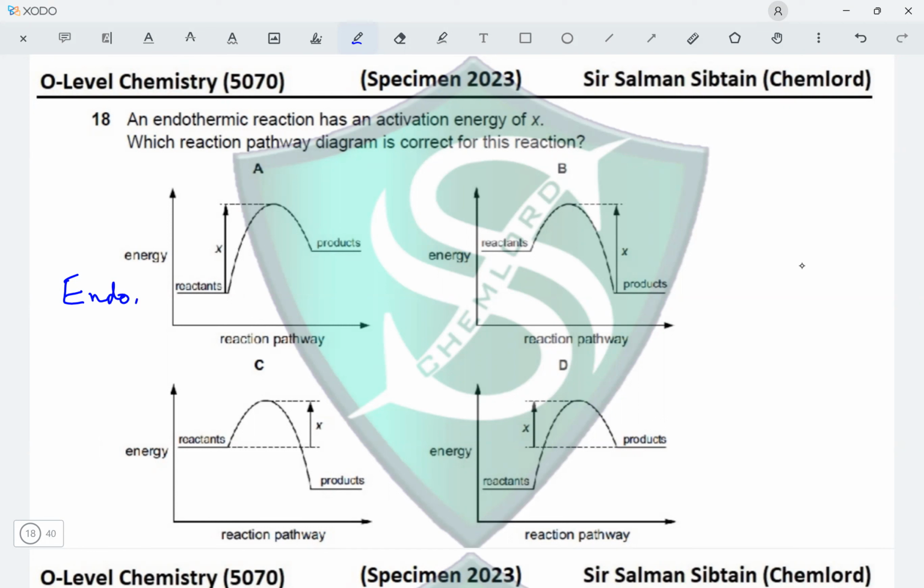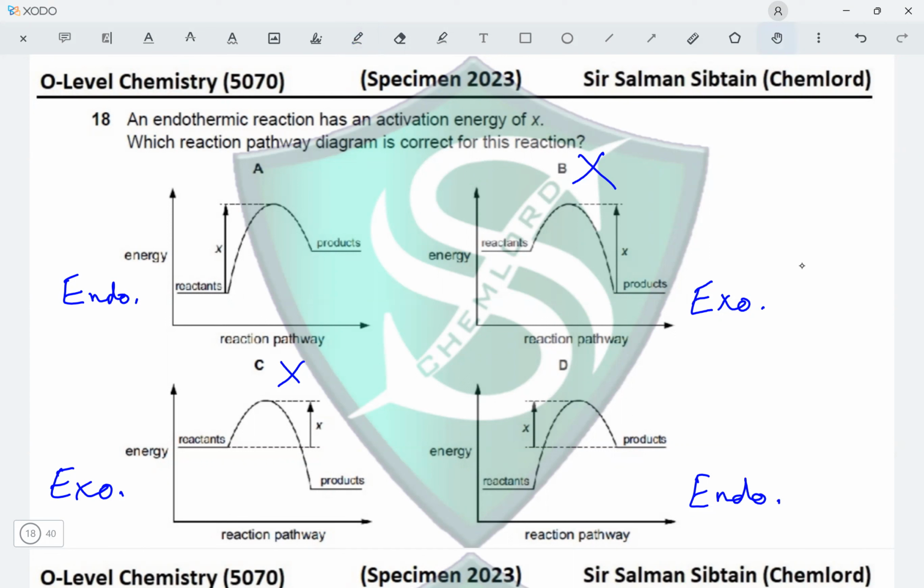Option B is incorrect because the level of products is below the level of reactants, making this an energy profile diagram of an exothermic reaction, eliminating option B. Option C also has products placed below the reactants, making this an energy profile diagram for an exothermic reaction, eliminating option C. Option D has products placed above the reactants in the energy profile diagram, making this another possibly correct option for this question.